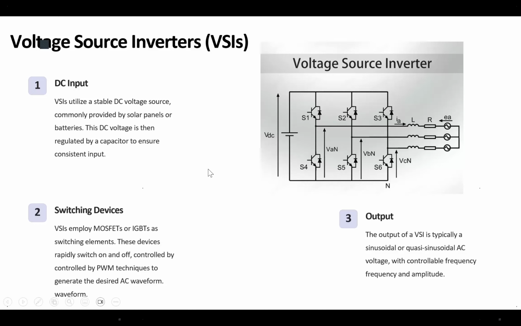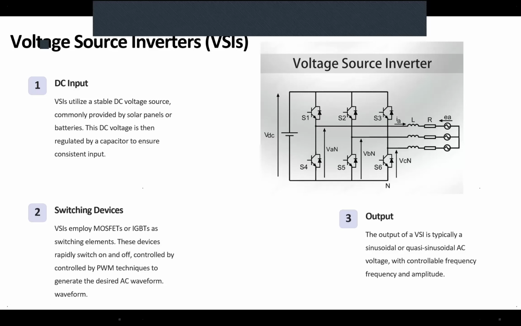As you can see in the picture, our input is gonna be voltage, and our output is also gonna be voltage. Now, the switching devices in voltage source inverters are normally MOSFETs and IGBTs. So the switches that have a higher speed of switching but are known for lower current capacity.